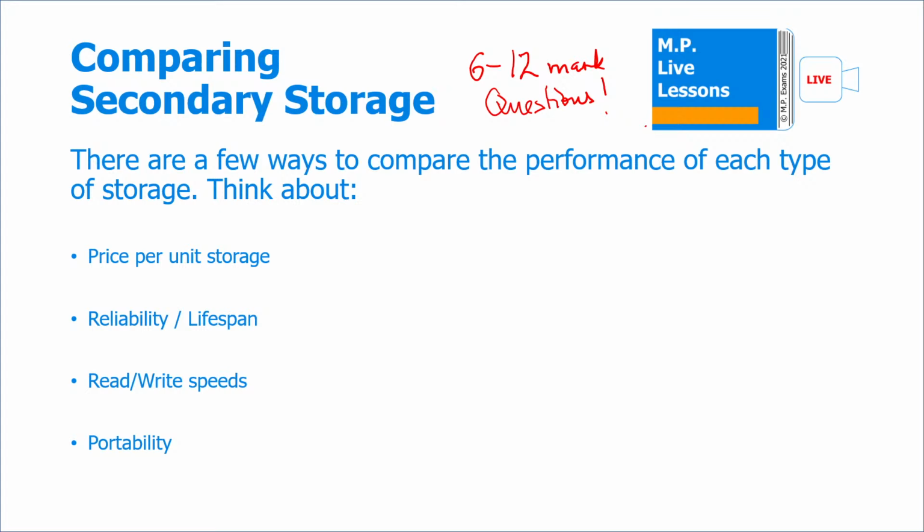Now, we're going to compare each. Let's say we'll have optical, we have solid state, so SSD, then we have magnetic, so hard disk.